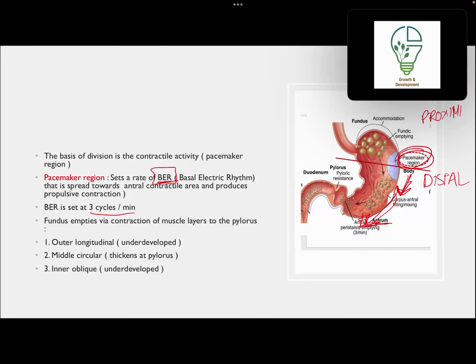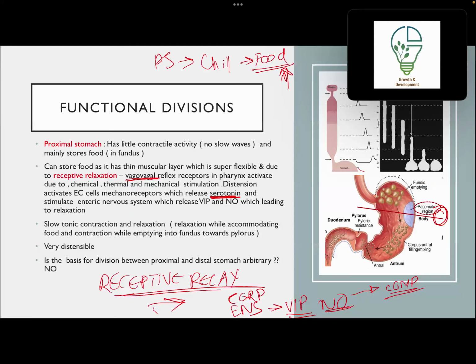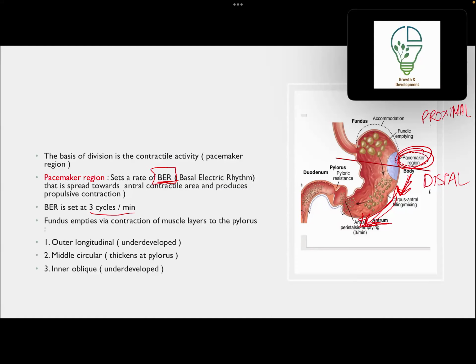So the pacemaker region has no influence on the proximal zone, right? And by the way, do you remember that the proximal zone has no slow waves? And this is why, because the pacemaker region does not have any effect. So there's no slow waves here. And I'll tell you what slow waves are, I promise. But the distal one does have slow waves, because the pacemaker region influences the distal area.